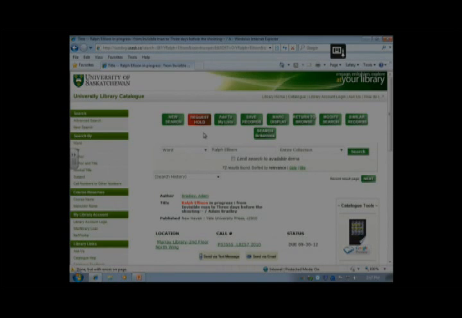So a request hold is probably something that you don't want to do at this point. You would want to put in a request through the forms and get our off-campus staff to request the book for you. And that'll happen automatically. If you request a book that I have out, they're going to automatically put a hold on it and get me to return it in a timely fashion so that you can have access to it.